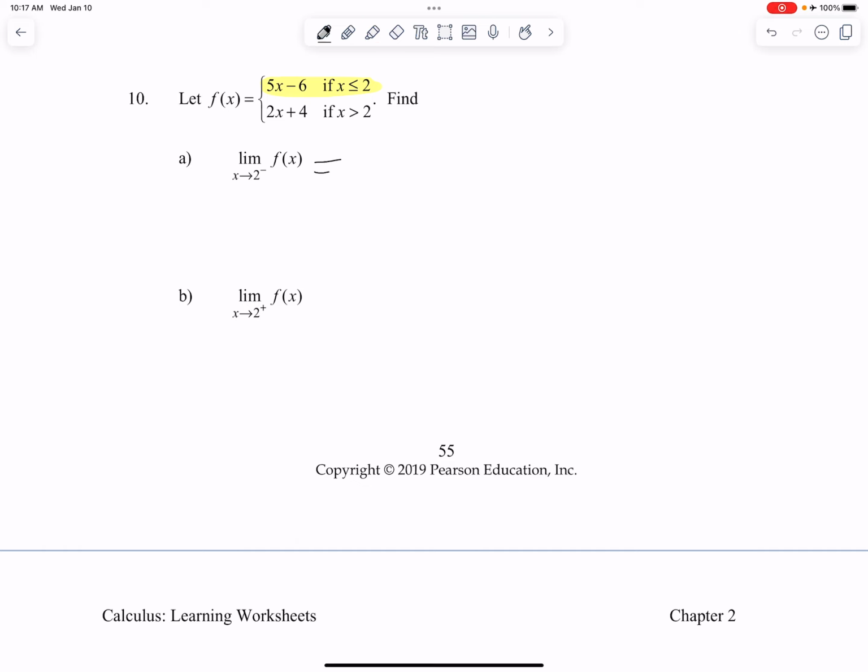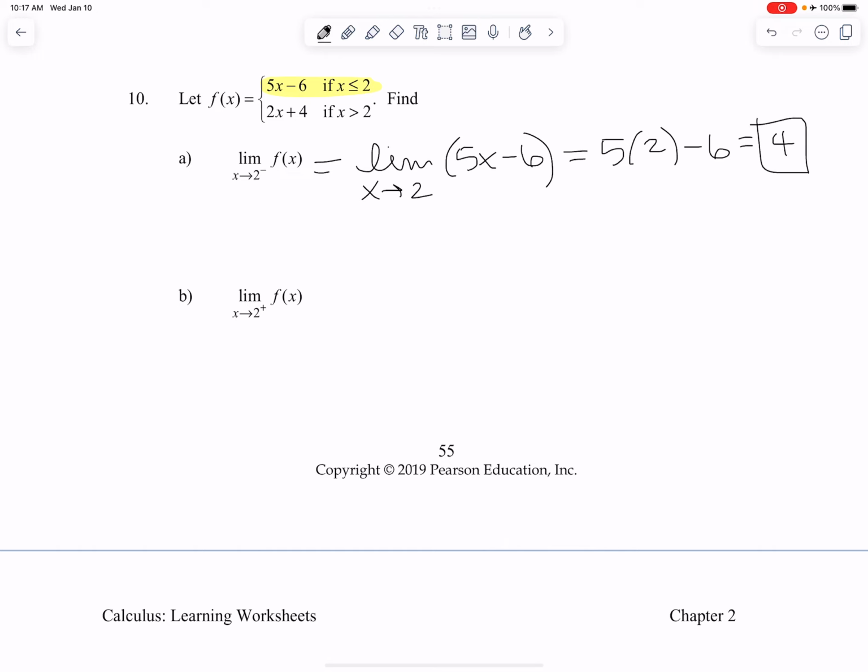So when we take our limit, we're using 5x minus 6. So that's 5 times 2 minus 6, 10 minus 6, 4. A lot of 4s in this lecture.